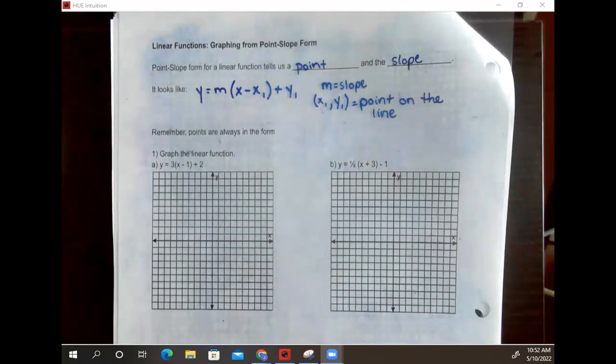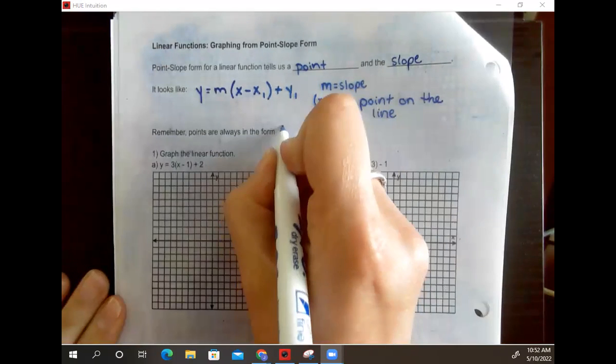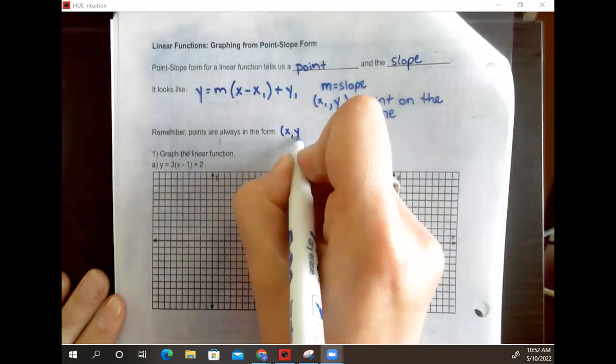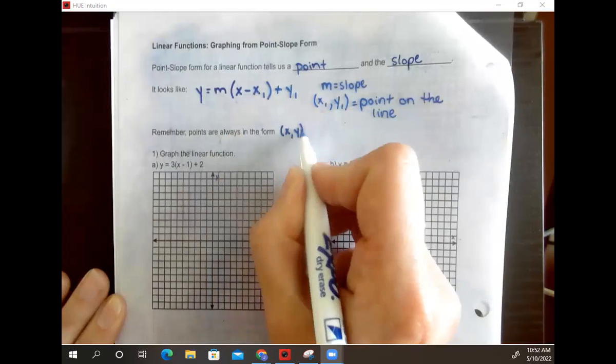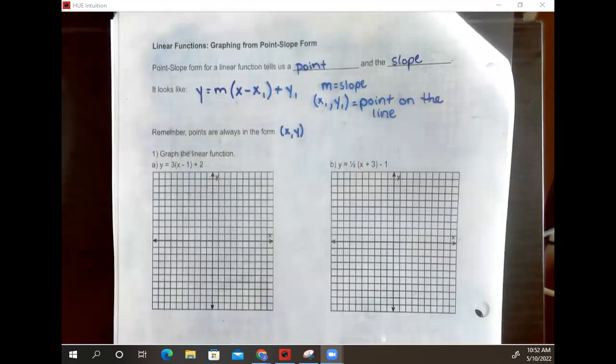So x1 comma y1 is a point from our line. Okay. And remember, points are always in that x comma y form. So that first number is always going to go in with x. That second number will be our y value at the end.